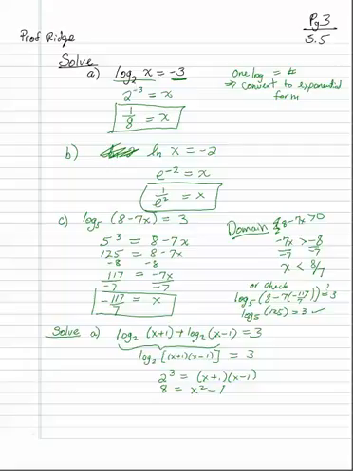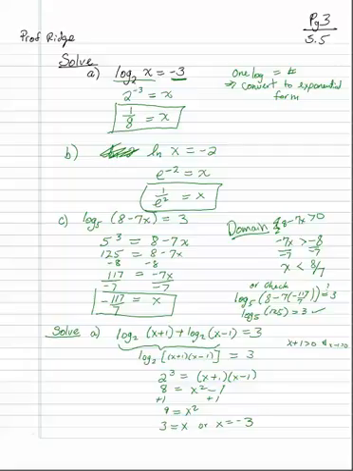This is a quadratic equation, so we're going to add 1. There's no middle term, so I can use the square root principle. x equals plus or minus 3, but remember what I said? You have to know the domain. So x plus 1 has to be greater than 0, and x minus 1 has to be greater than 0.